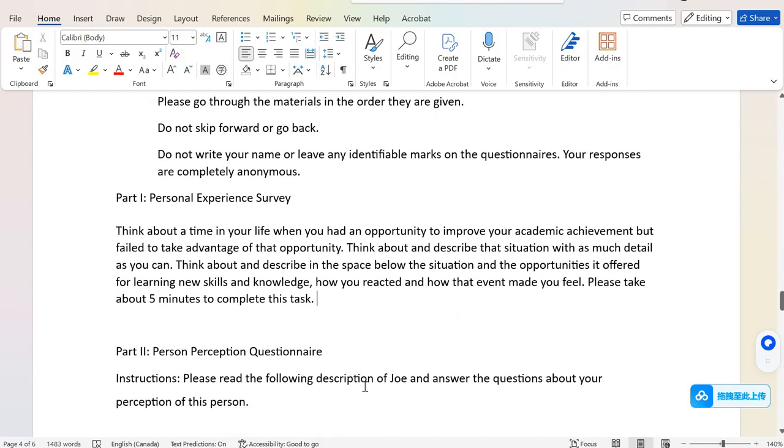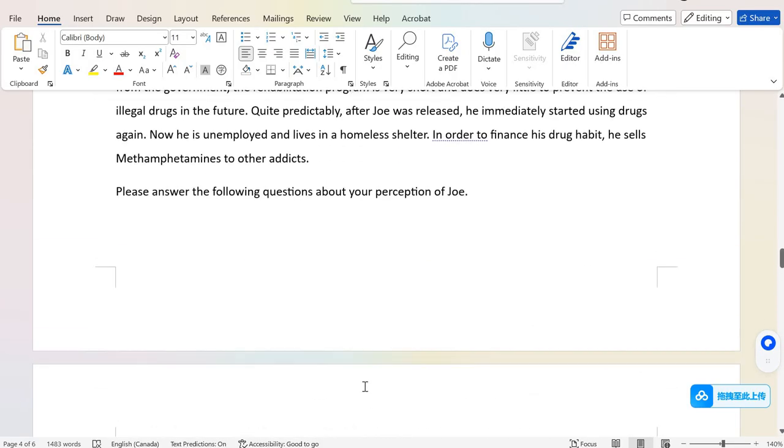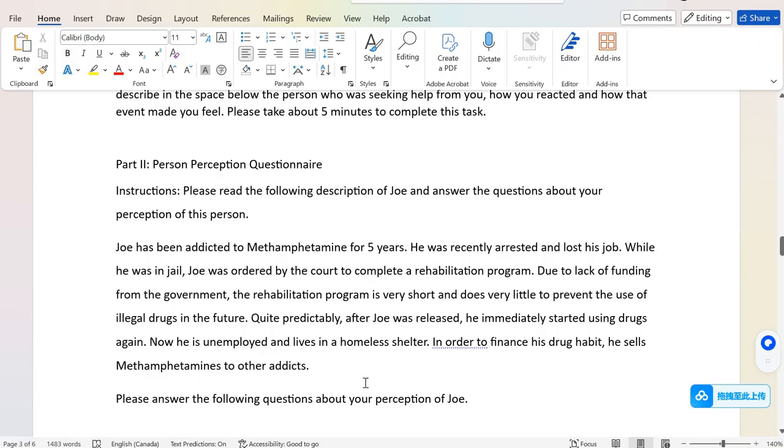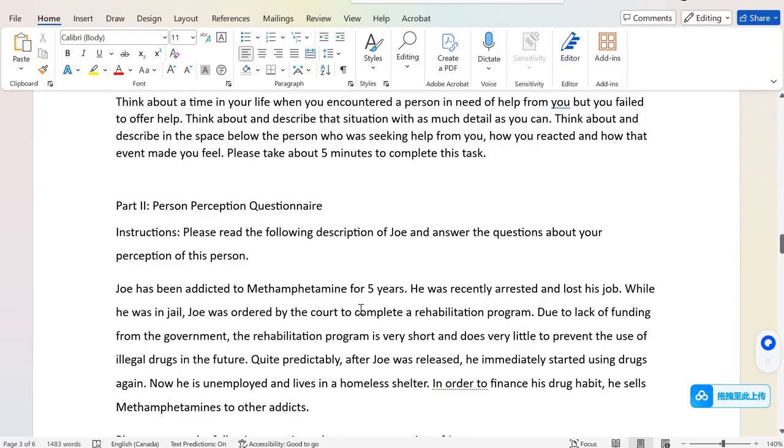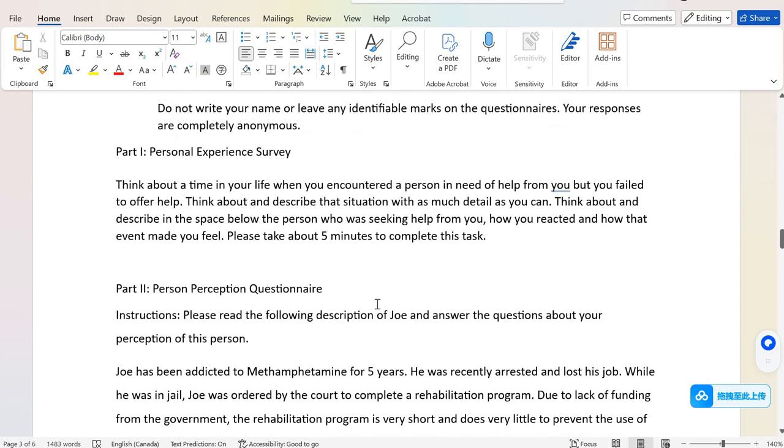Which group should blame Joe less and help Joe more? My prediction is version A. Why? Because in version A, students thought about the personal failure in helping other people.